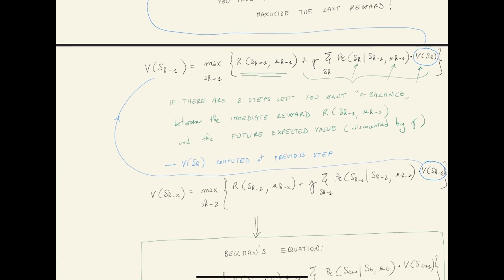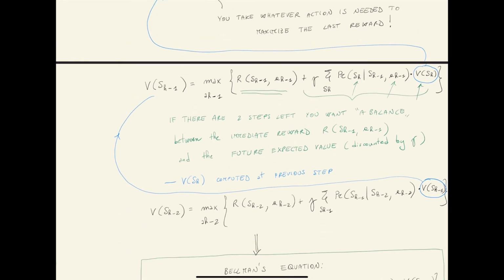And same thing, what's the value of s h-2, so 2 steps before the end of the game? Well, you do the same thing. You have to maximize the sum of what you can get now, plus you discount all your future revenues. And the same thing as before, and again, we are going backwards. We have already computed v of s h-1, so we insert it back, and so on and so forth.